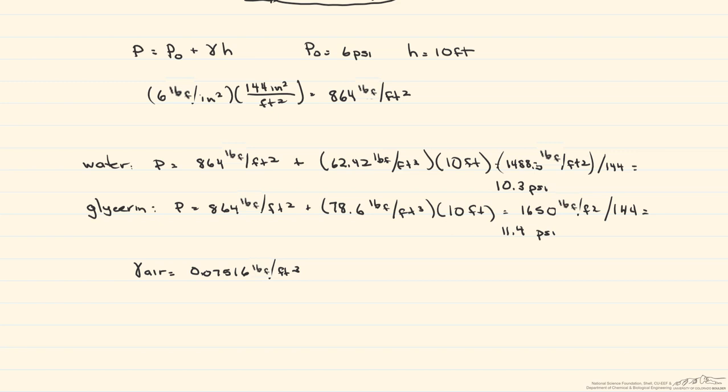Multiplying this number by any reasonable height will give a value that's negligible when it's compared to our 6 psi, which we're given, or 864 pounds per feet squared. So we can safely assume that the air pressure is constant in the volume of the tank that is not occupied by the fluid.